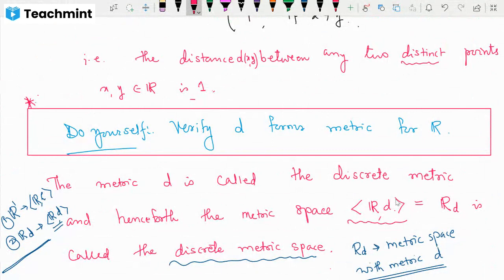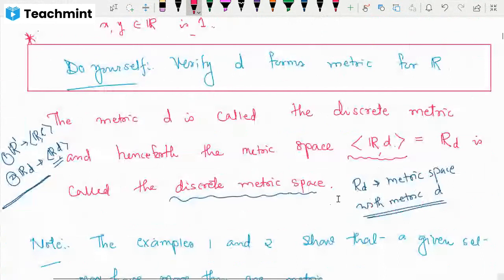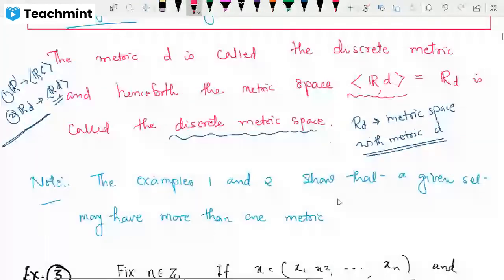So first there is R1, second there is RD. What is R1? R1 means the set of real numbers with absolute value metric, and RD means the set of real numbers with discrete metric. So the set is the same but the metrics are different. So what is the conclusion of these two examples? Examples 1 and 2 show that a given set may have more than one metric. So the set is the same but the metrics are different.